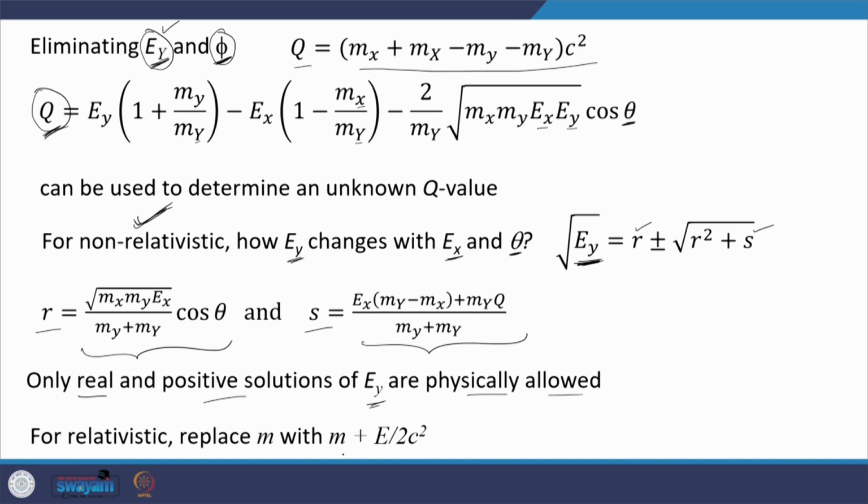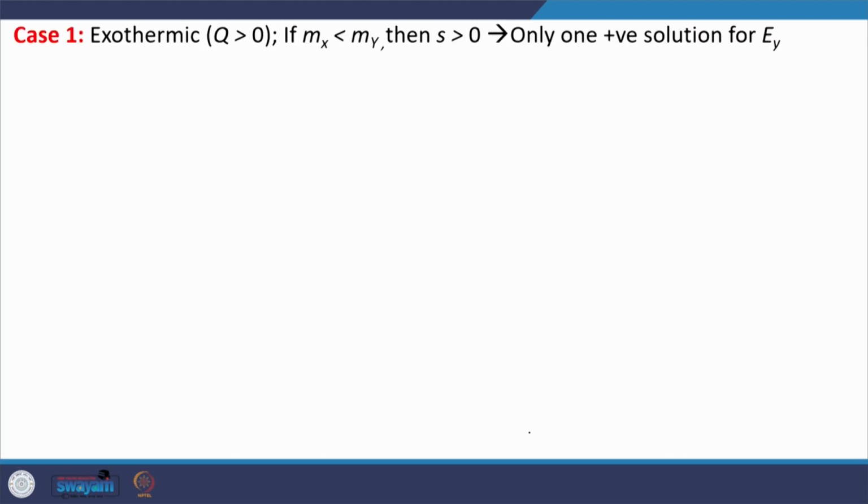It can easily be written just by replacing the mass m with m plus E by 2c square to correct the relativistic effects. Okay. To include the relativistic effect, just replace small m with m plus E by 2c square. Alright. Now, let us consider two cases when we are writing the change in ejectile energy with respect to the projectile energy.